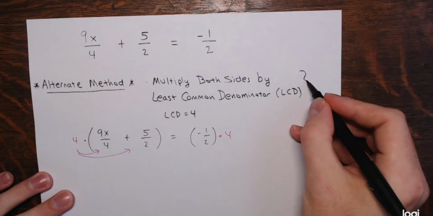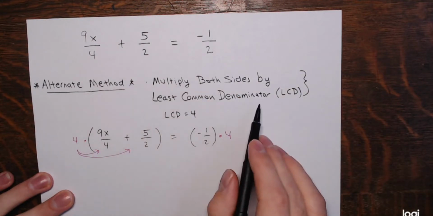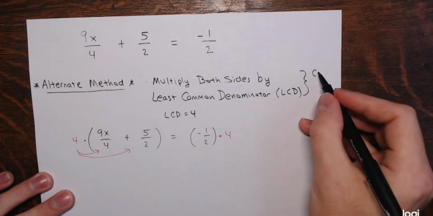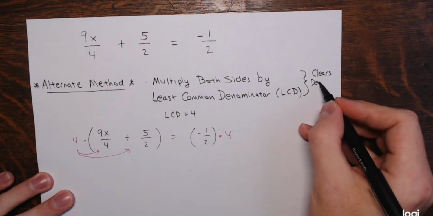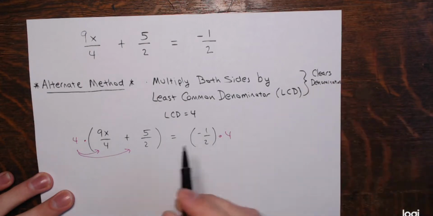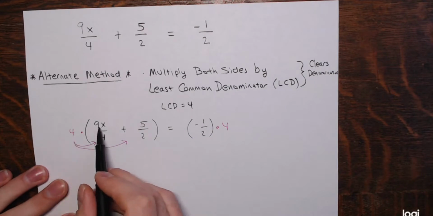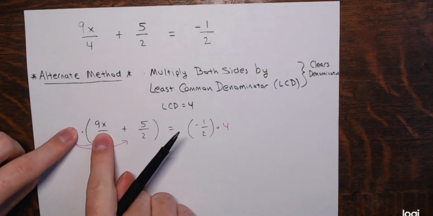This first step, if you have fractions, if you multiply both sides by the LCD, this should clear the denominators away. This clears denominators, clears fractions. Watch. So like 4 times 9x over 4. The 4's would cancel. I'm going to cover those up, and you'd be left with 9x.